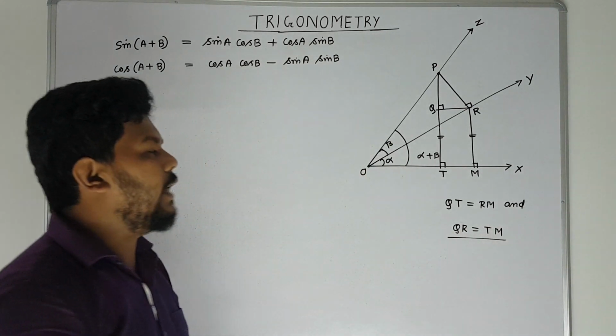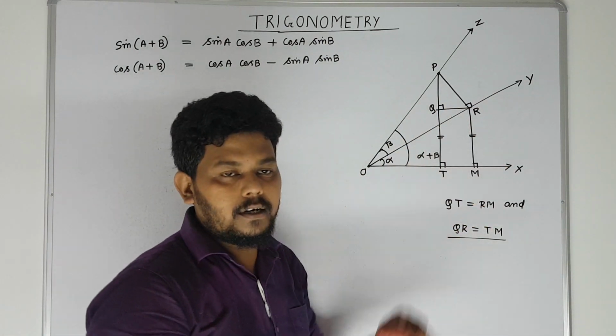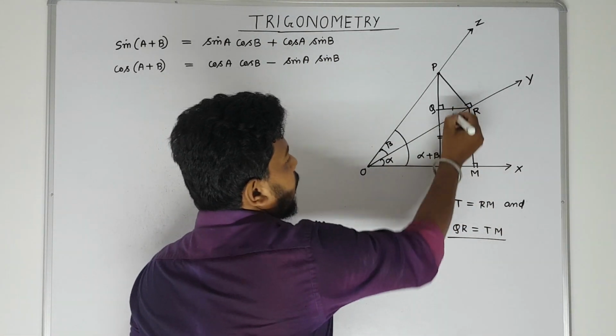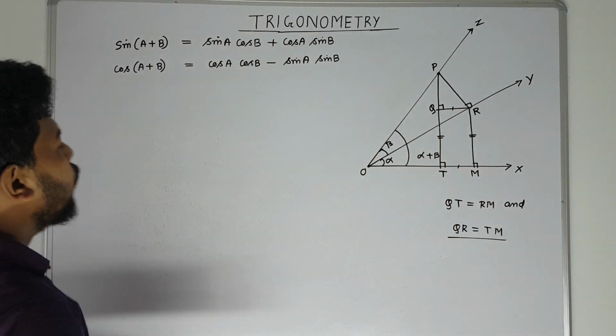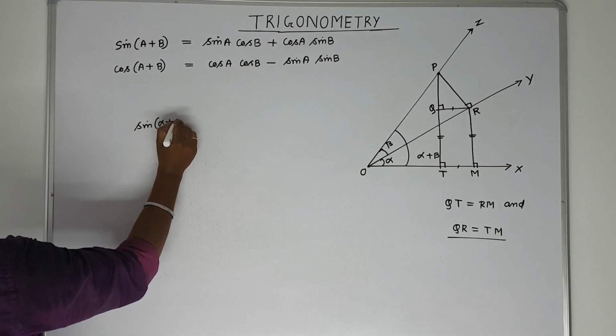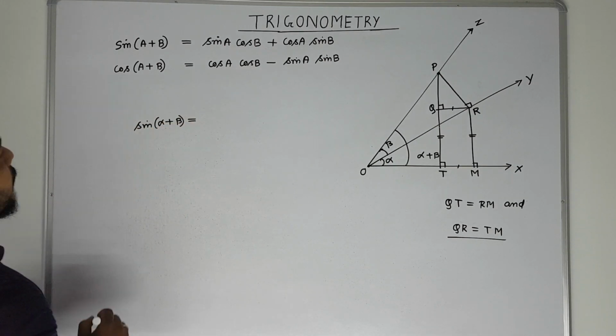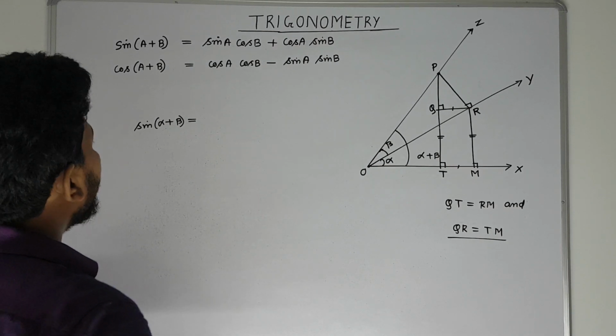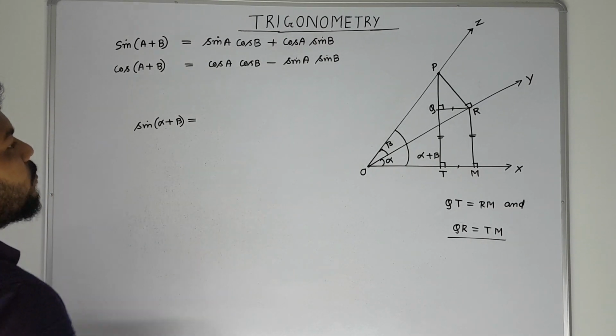We know as this forms a rectangle, so they must be equal. Now what is sine alpha plus beta?